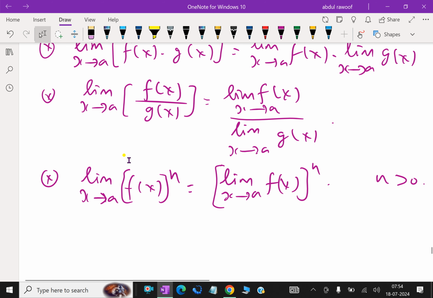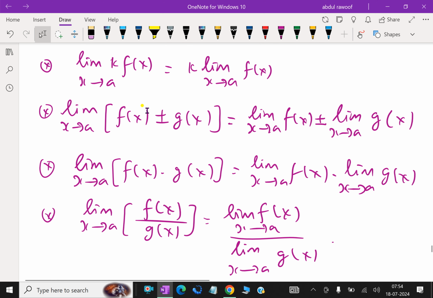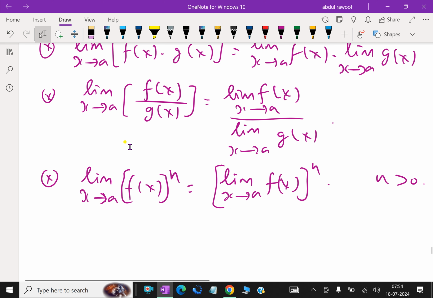Now these are some useful formulas for limits.